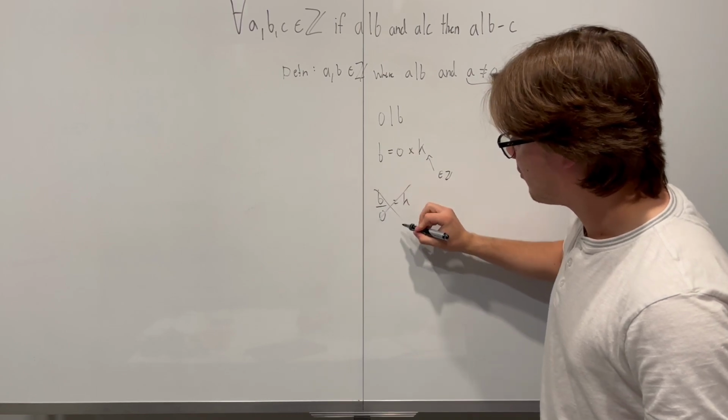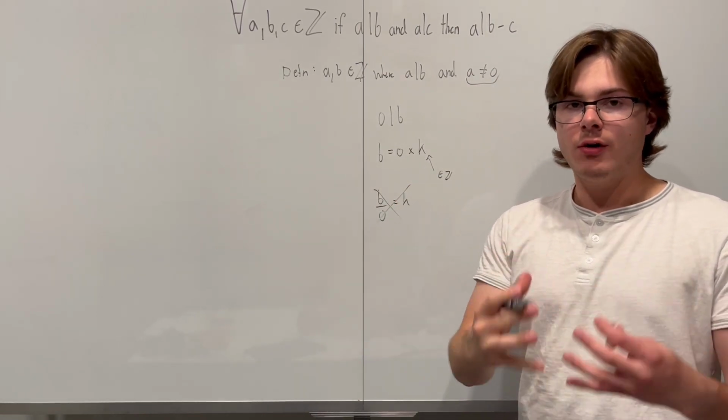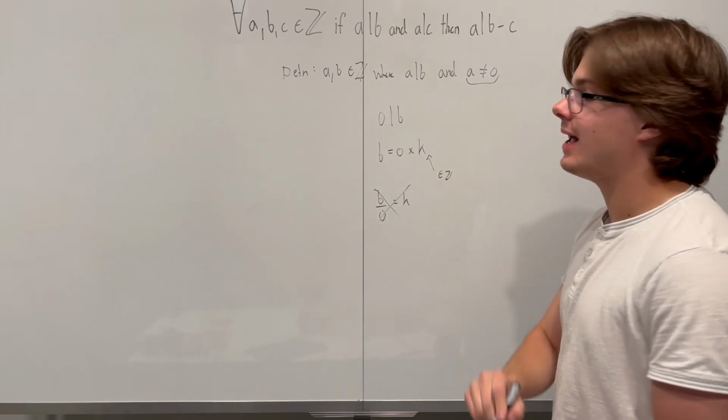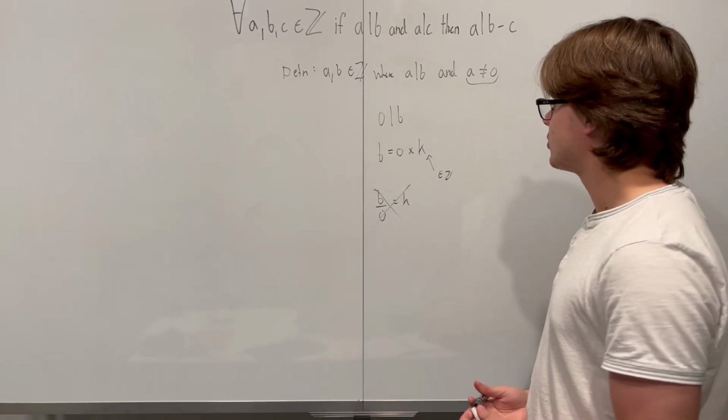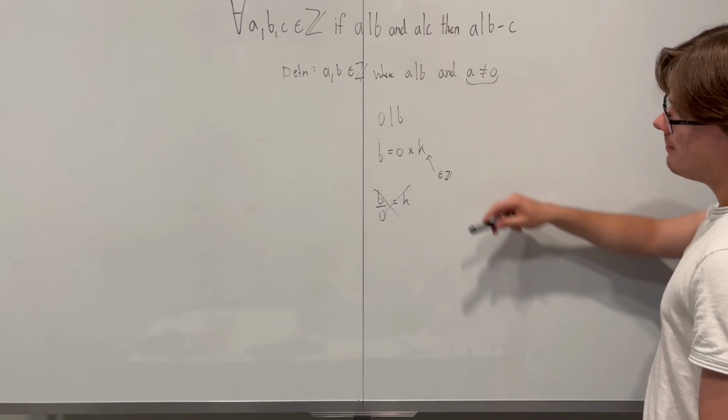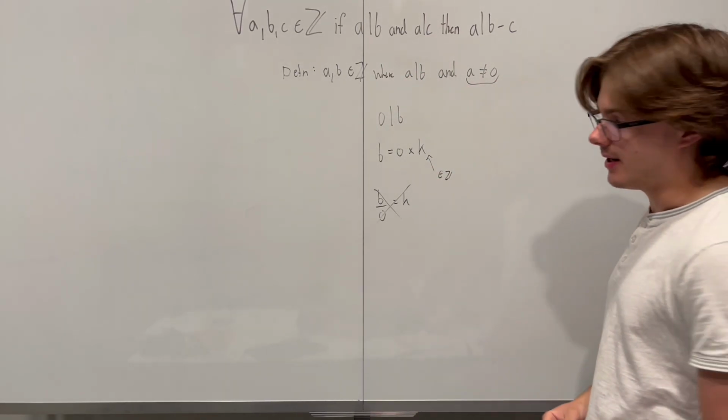But you can't divide an integer by 0. That's an undefined term. This is not possible, which means that k cannot possibly be an integer. So that's why we have to say that what's on the left-hand side cannot equal 0, because then you end up in a case like this where you're dividing by 0.